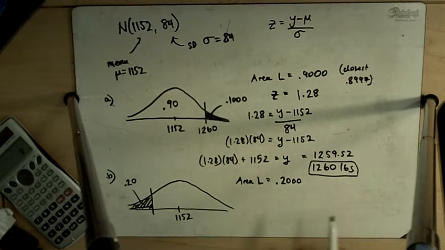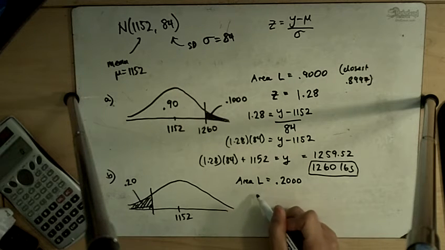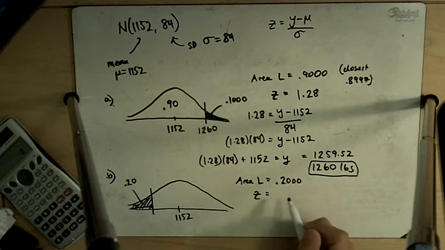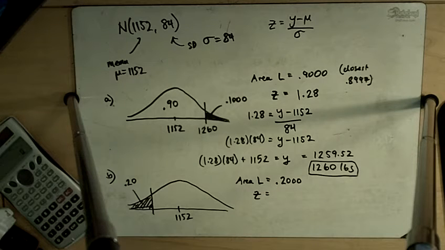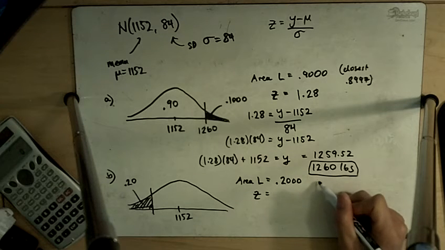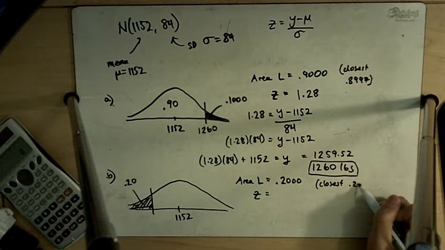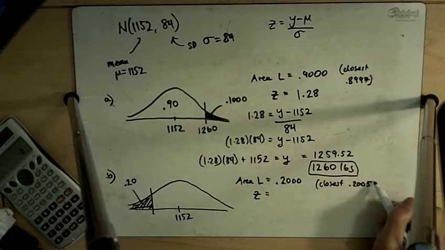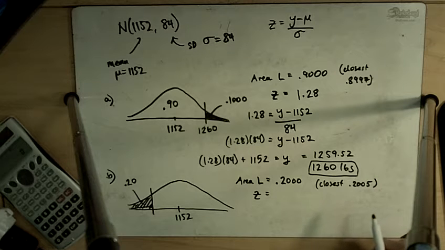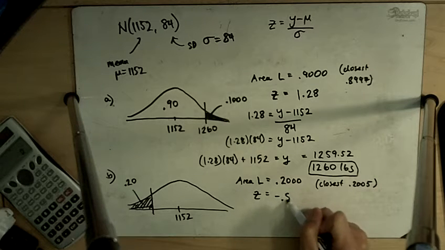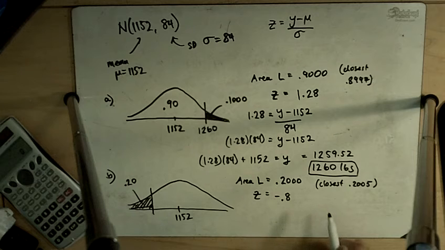And so here we go to the area part of the table, and we want to find the corresponding z value that has the area closest to 20%. So I'm looking for the value that's closest to 0.2000. The closest I could find is 0.2005, and that corresponds to a z value of negative 0.84.